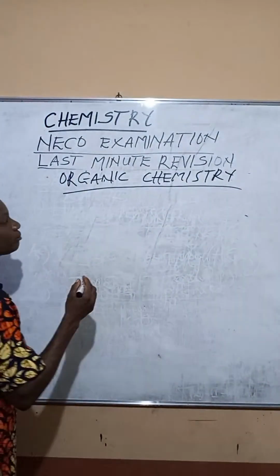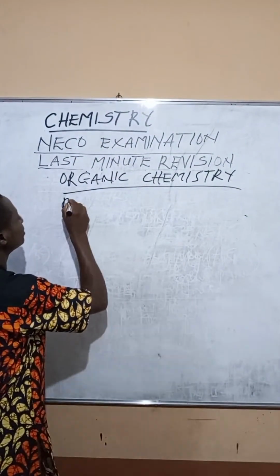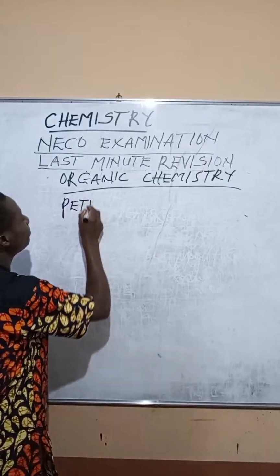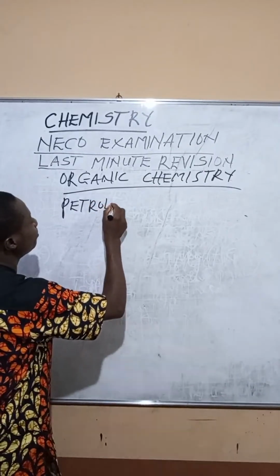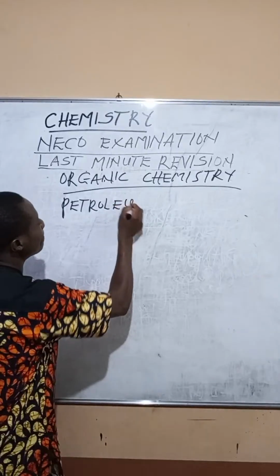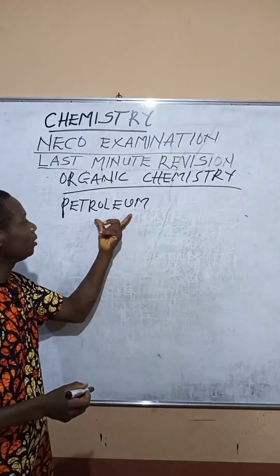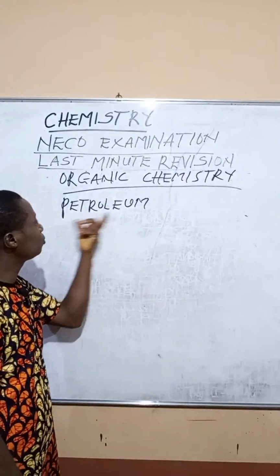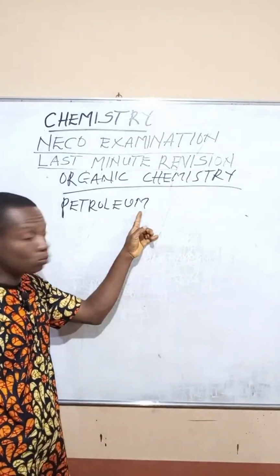Now, organic chemistry, don't forget petroleum under organic chemistry. I know why I'm bringing petroleum personally. Petroleum is very important. The word petroleum: there are two things here. Oleum is a thick, dark liquid.